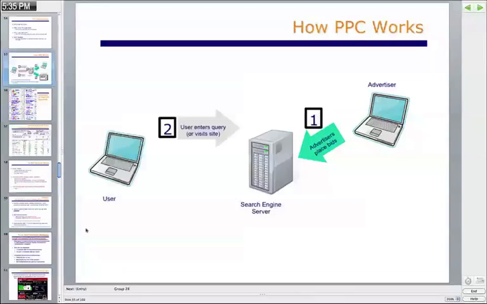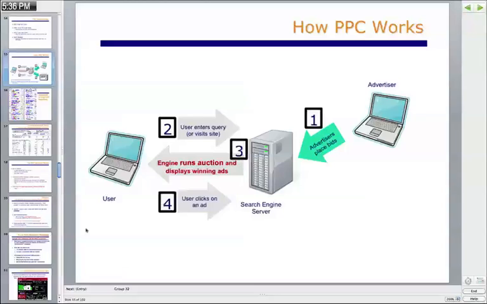When a user enters a query, the search engine looks through the inventory of possible ads and picks those ads that, based on its proprietary model, are most likely to match the query and most likely to be clicked. It then displays these ads to the user and determines a corresponding cost per click that the advertiser will pay if any of these ads actually gets clicked.